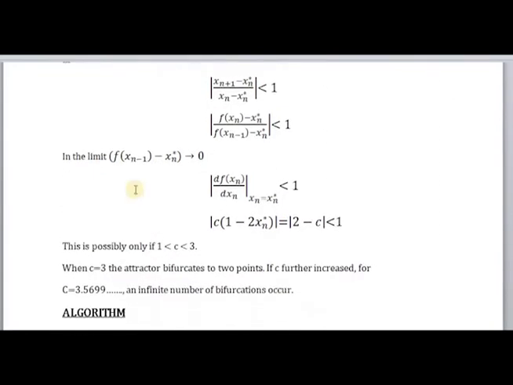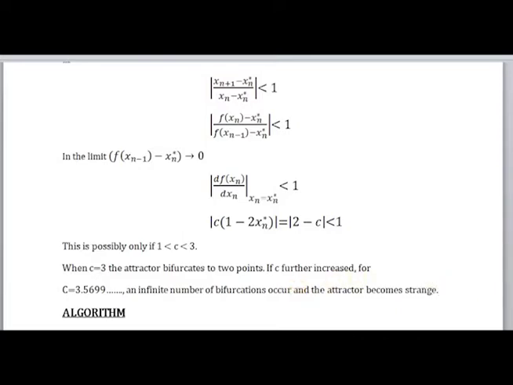When c is equal to 3, the attractor bifurcates to 2 points, and if c is further increased to 3.5699, an infinite number of bifurcations occurs. And the attractor becomes strange, and such an attractor is called a strange attractor.